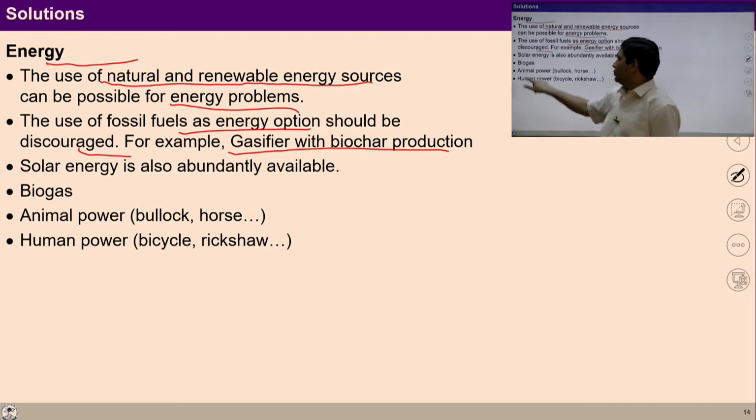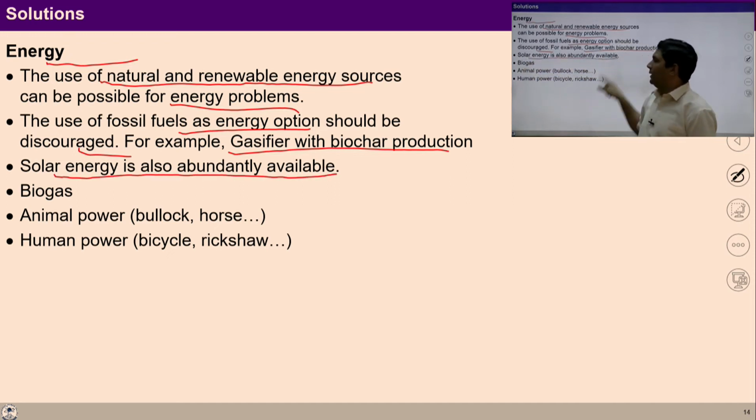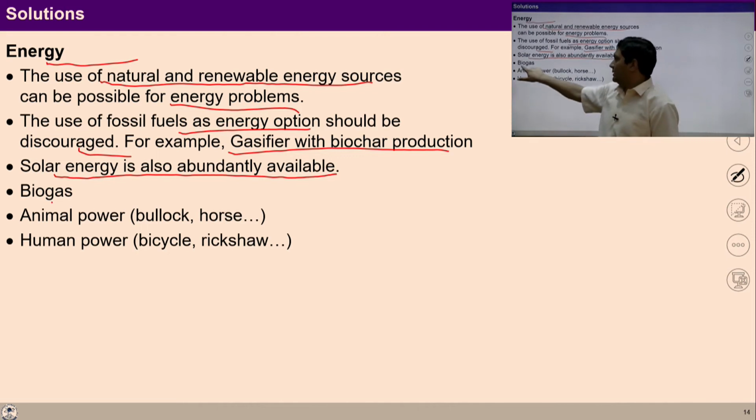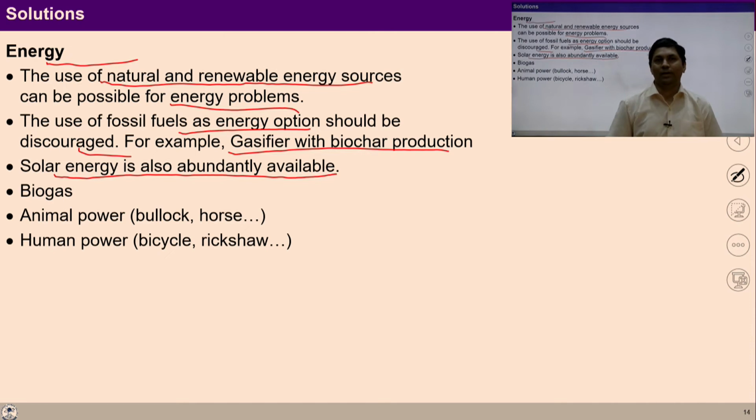For example, solar energy is abundantly available to all of us. In fact, except human beings, all the plants and animals are using this solar energy for their living. So we can use solar energy, which is always available to us. Similarly, biogas systems, wind energy.